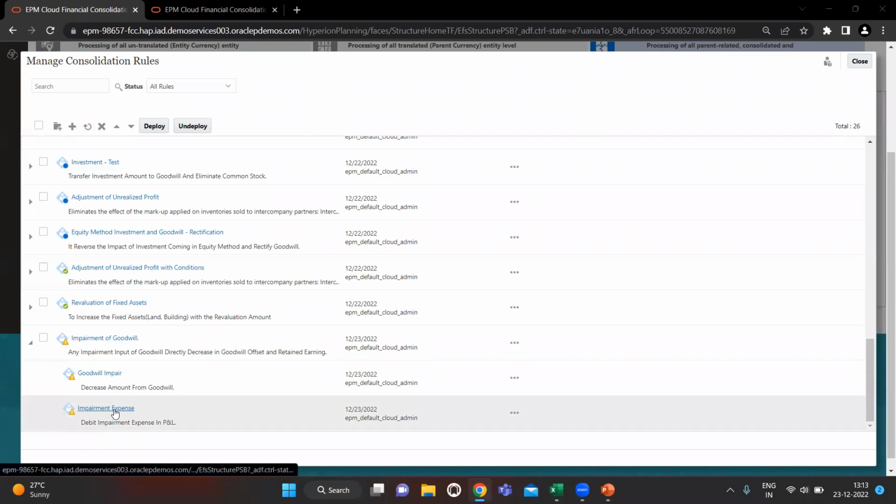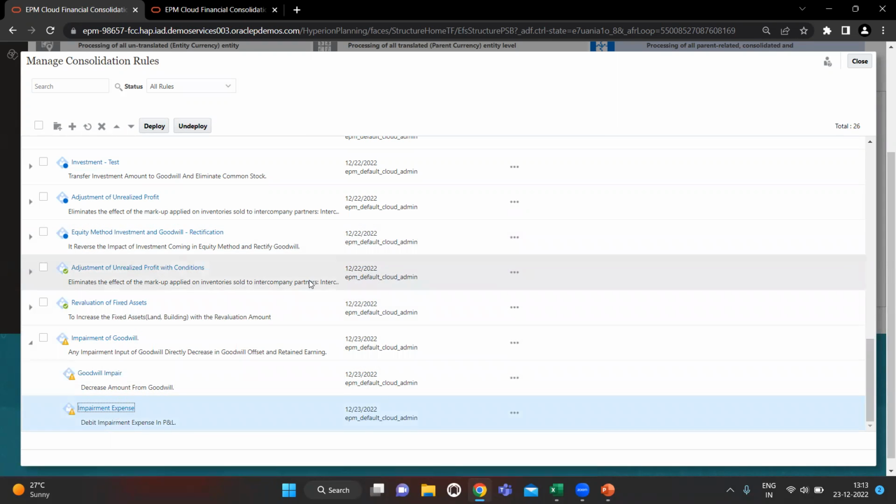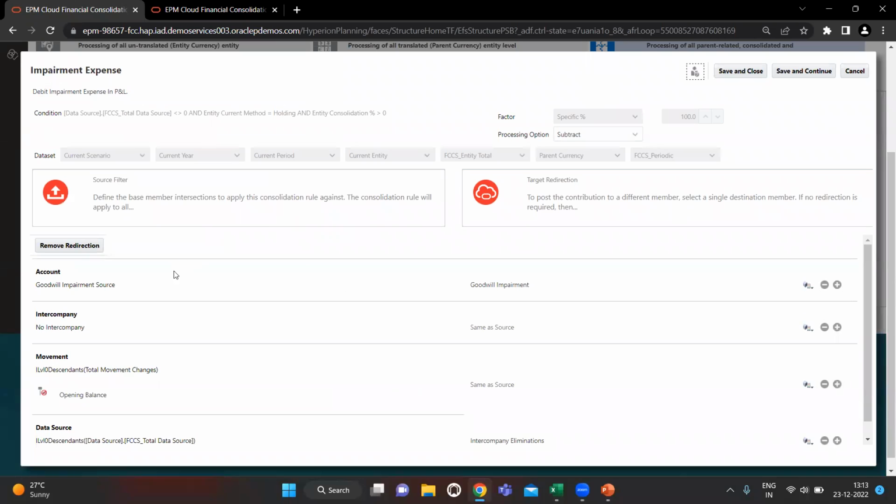Okay, and then we move on to impairment expense. So again all the things are the same. As you can see, conditions are getting copied from the rule set, and the description says debit impairment expense in P&L. So whatever amount we put in this automatically comes to the P&L in our target member, and the process option is now subtract.